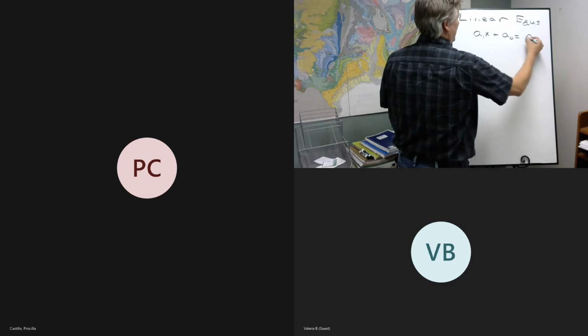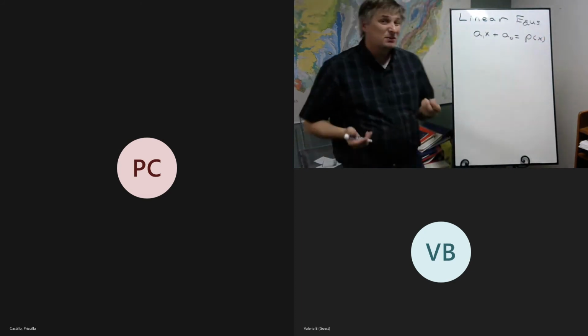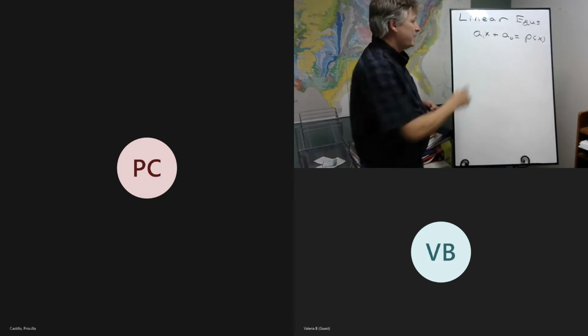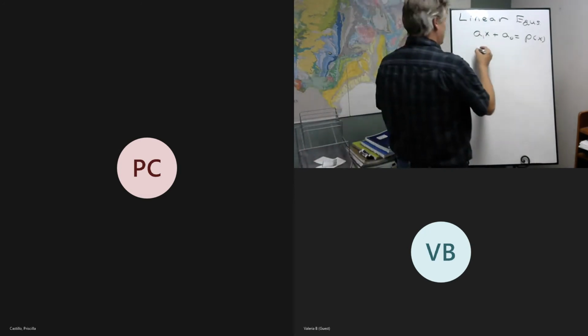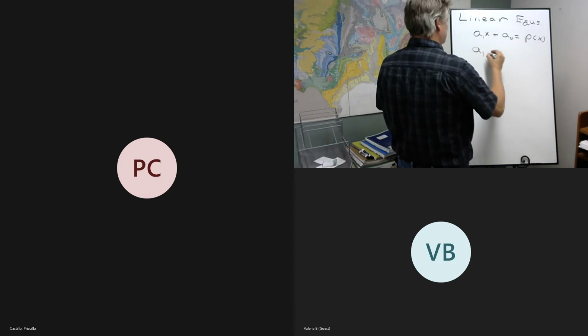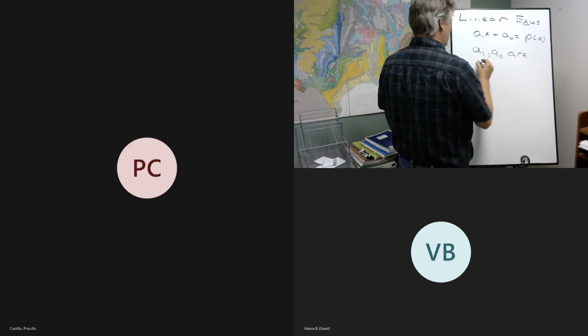We're going to call it P of x. This is what's called a linear equation. And we have our variable x, our unknown number. And then a1, a sub 0 are constants.